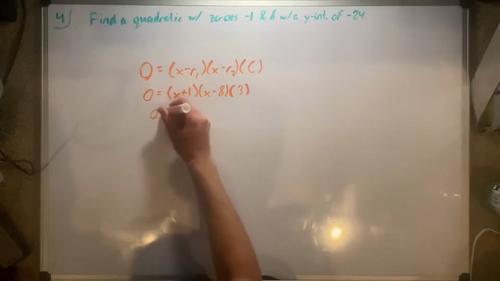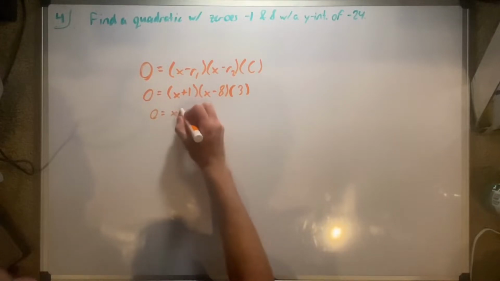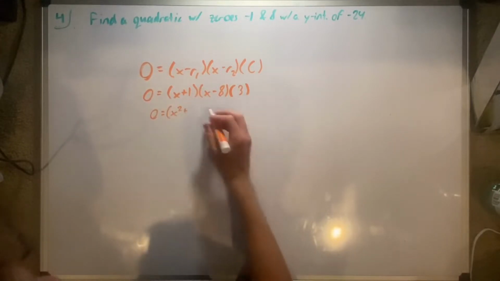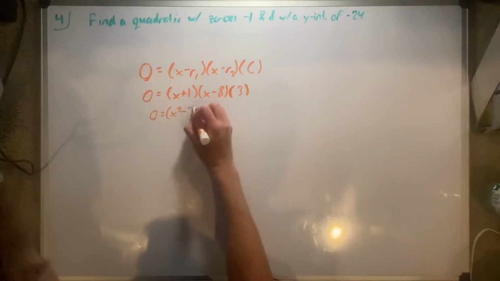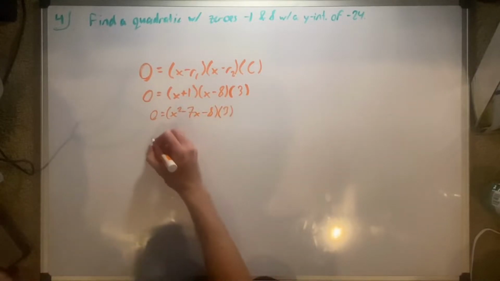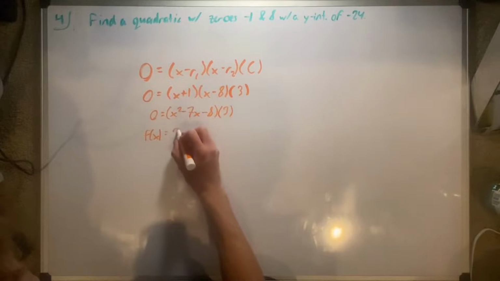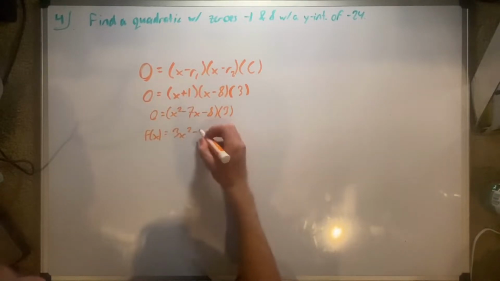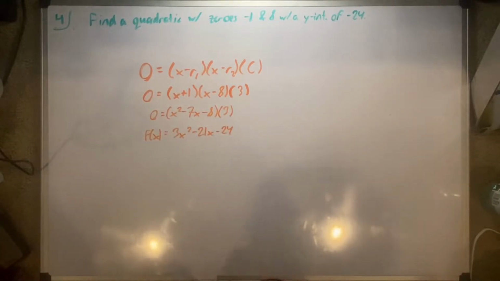So now we're going to say 0 is equal to, let's just multiply everything out, x squared plus 1, -8, so that would be -7x minus 8 times everything by 3. So that would mean our function f of x is equal to 3x squared minus 21x minus 24.